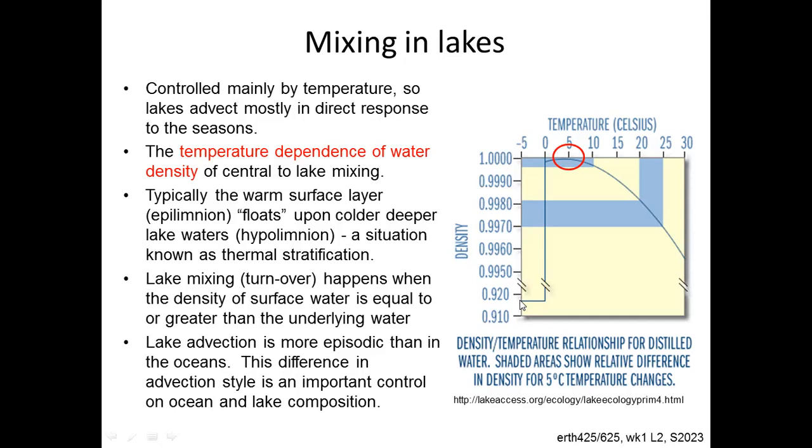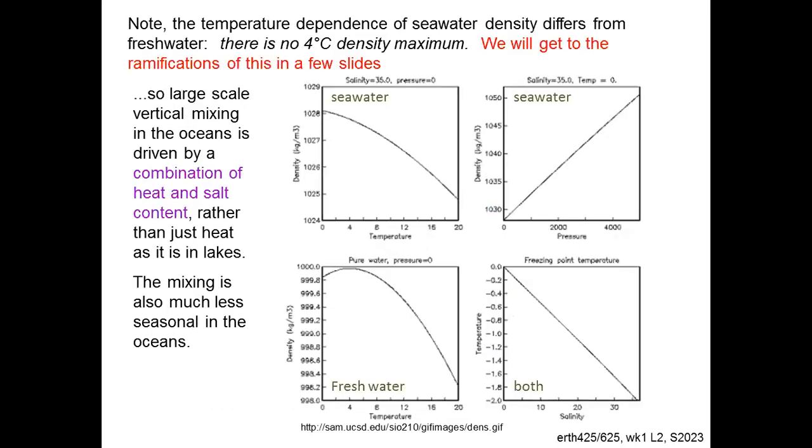But then when we go into the spring and that ice first melts, it melts at 0 degrees C. So that water is again going to be a little bit less dense than the water sitting just beneath it. It's going to cause another overturning circulation. So this causes stratification that happens in temperate regional lakes and mixing that happens twice a year. And so these are just some other diagrams showing you the density relationships between freshwater and salt water.